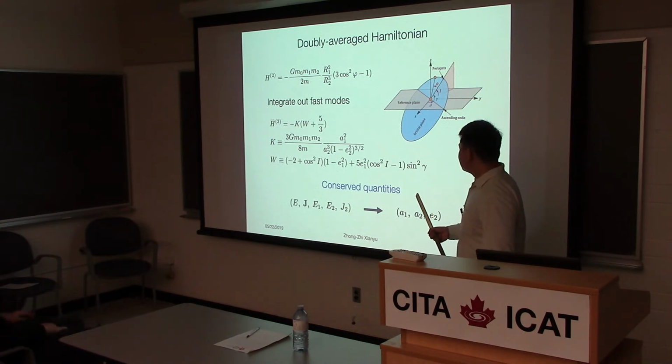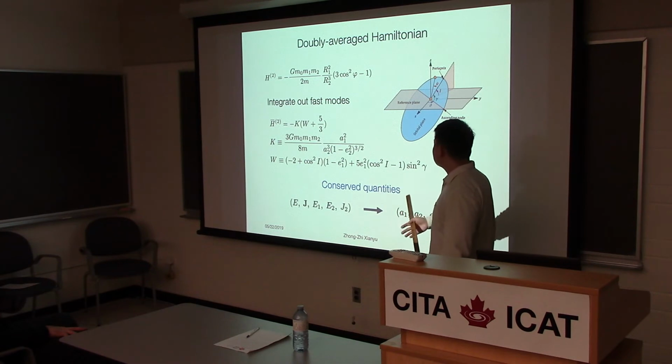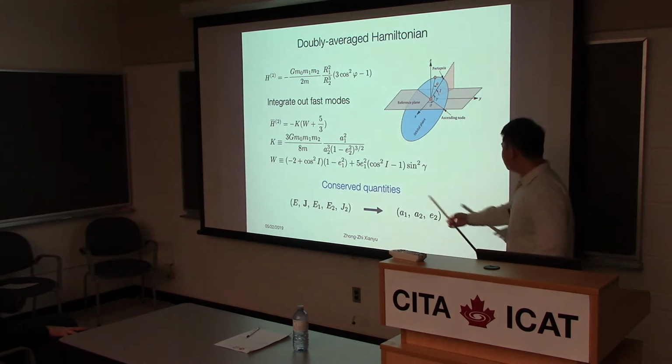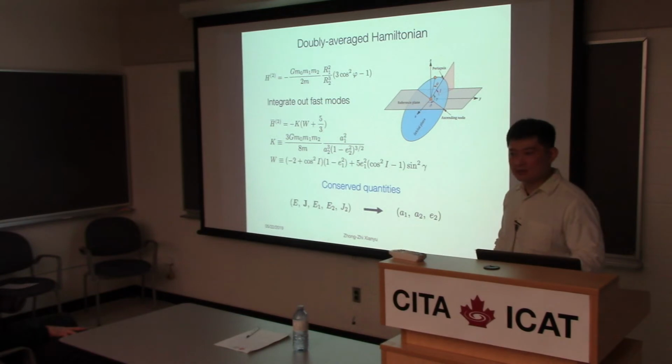Also the magnitude of J2, the angular momentum of the large orbit, is conserved, but the direction is not. So we know that A1, A2, the separations of the two orbits, and also the eccentricity of the large orbit will be conserved in this leading order interaction.